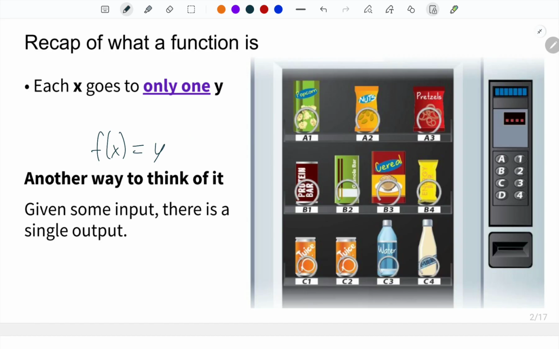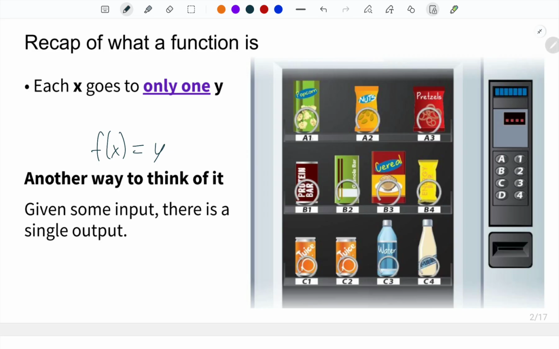But we had that. Another way I like to think of functions is a vending machine. Because what do we do at a vending machine? Well, if you want to buy something, you have to pay for the item. But the key thing is you have to input a code which will tell the machine what you want.